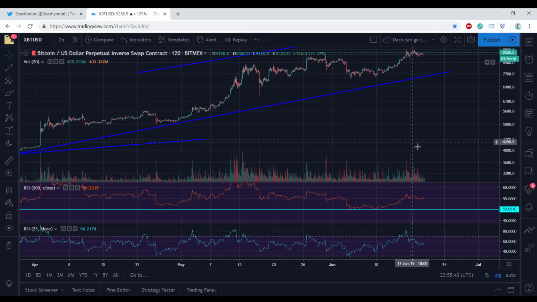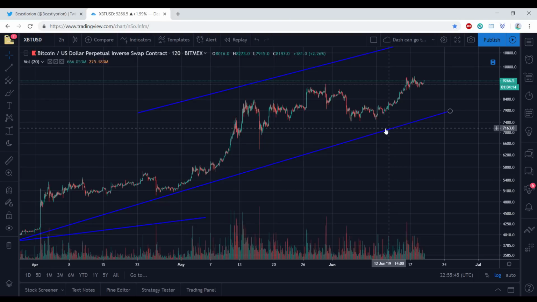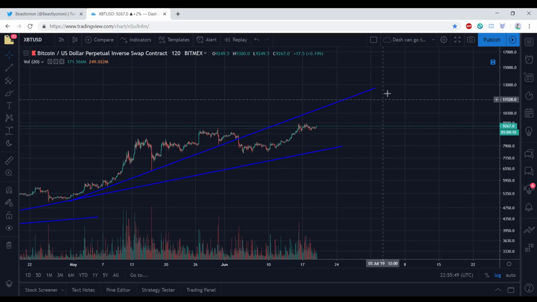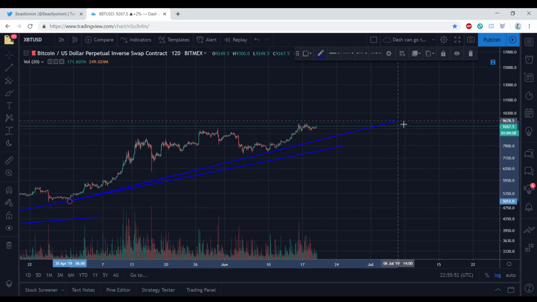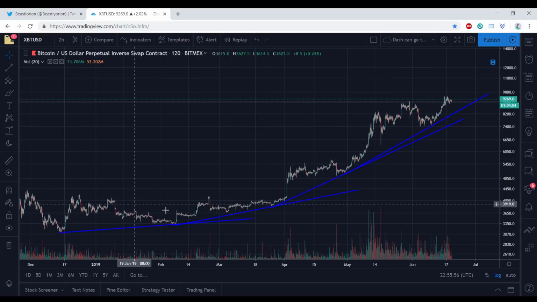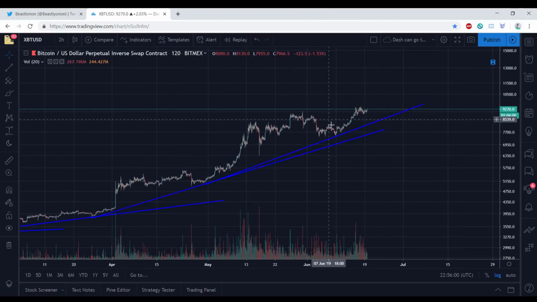Not necessarily saying that is how it would have happened, but we're going to go take a look at our trends again. The other thing you want to look for when you're thinking about getting out of these trades, so the goal is to catch as much of the trend as possible.